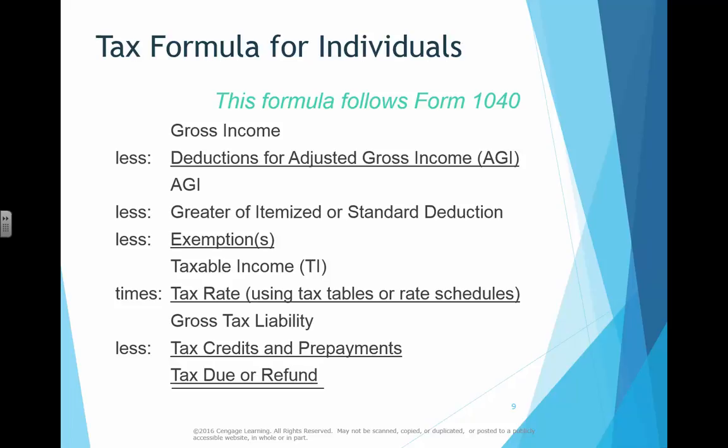That's your adjusted gross income, and that's right here, Amanda. 22. Yes, line 22, which is the total of what lines? 7 through 21.